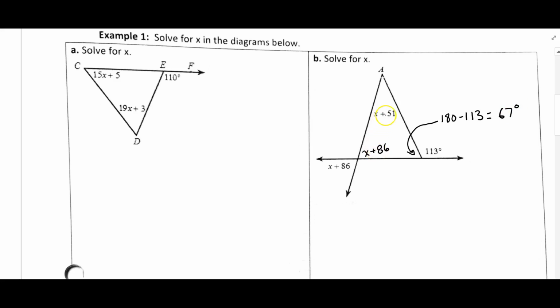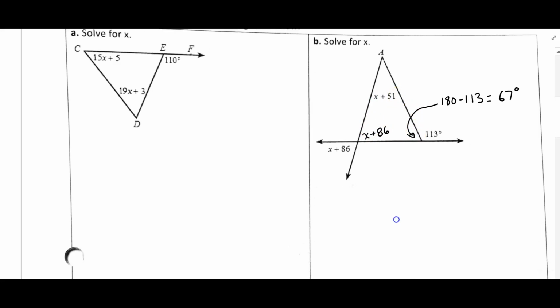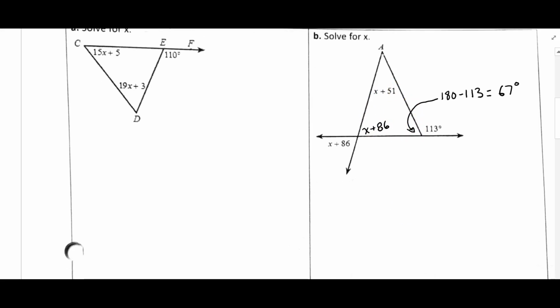So now I have either an expression or an angle measure for the three angles of a triangle, and we learned that the three angles of a triangle always add up to 180. So let's add those up. I've got x plus 51 plus x plus 86 plus 67 is equal to 180.